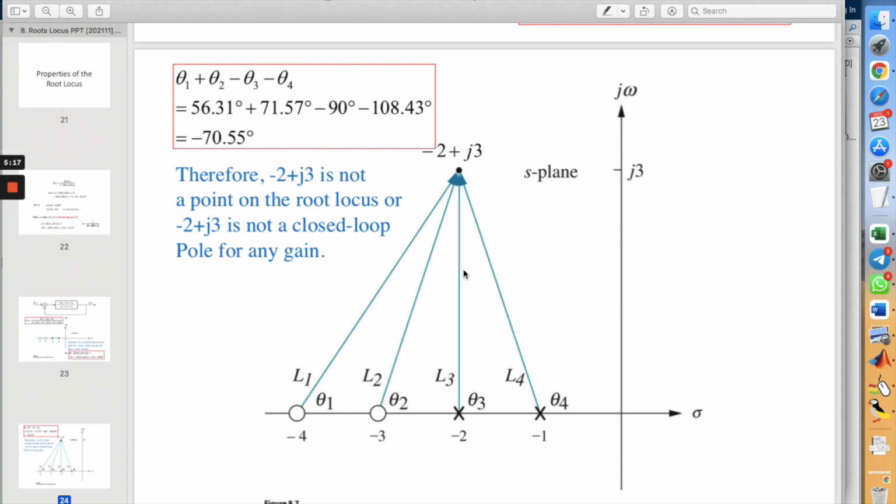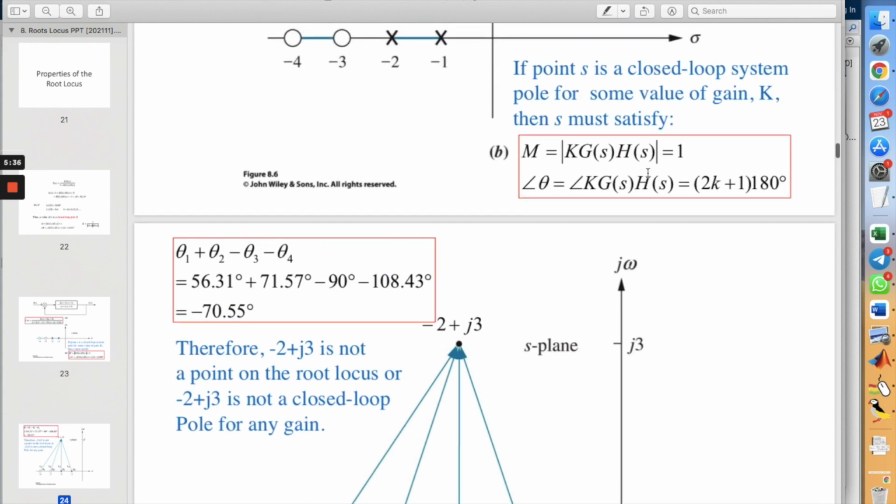So let's say we want to know if s equals negative 2 plus j3 is on the root locus or not. We need to calculate whether this point meets these two properties: M equals 1 and the angle equals (2k plus 1) times 180 degrees.